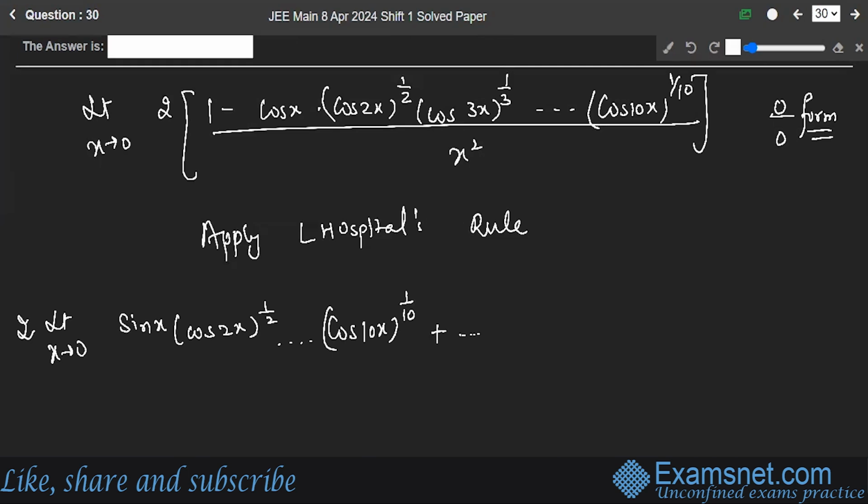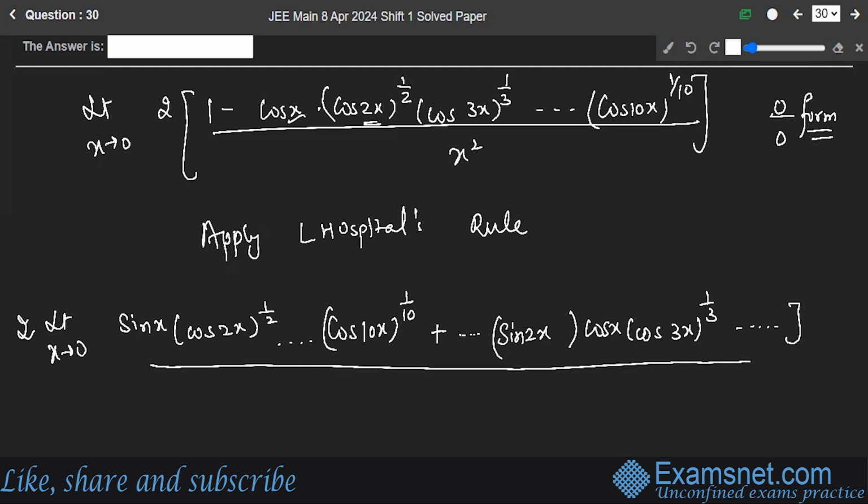Now I'm finding the derivative of the second function. Here will be sine 2x into the first, cos x into cos 3x power 1 by 3, and so on. So this thing will continue 10 times, right? Ultimately, this denominator will have 2x.